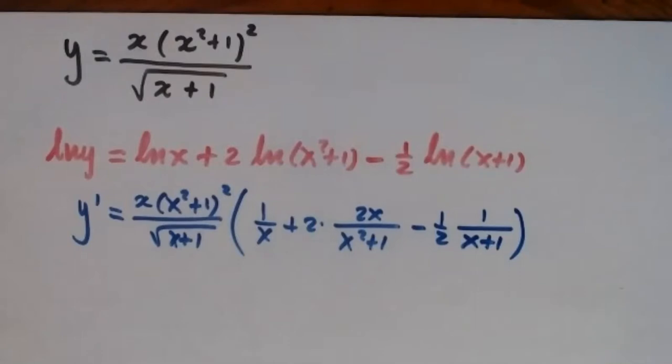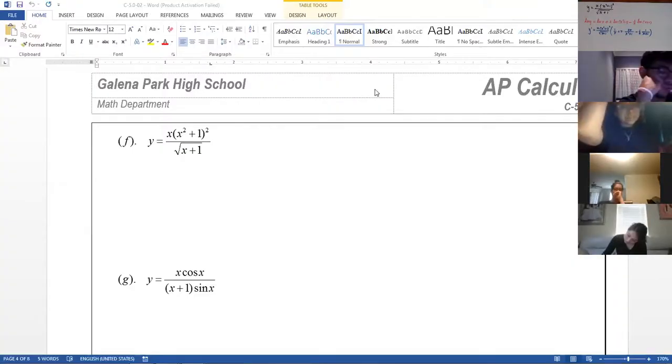Okay, let's see, another one. Let me see what happens here. Why can't I see the screen? Okay, there it is. Now you see? You see the screen now? I want you to do problem G, this one.